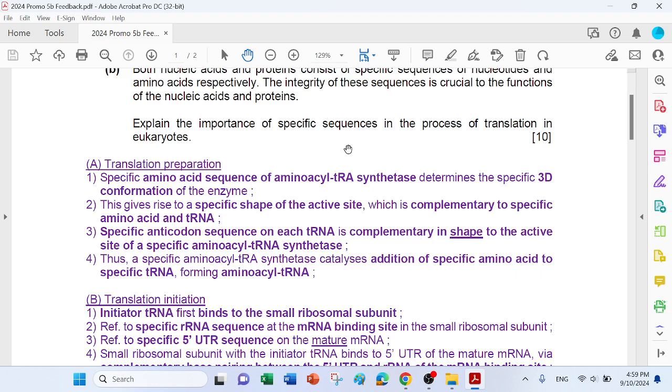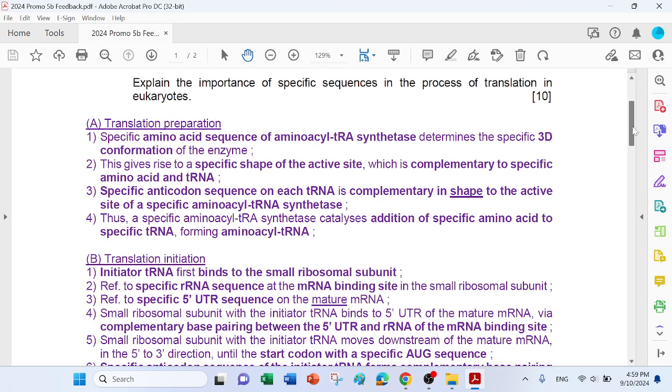So this is how you approach the question, right? And also read the answer in light of this. Read the answer for the specific sequences, okay, and how the explanation is written to explain how important these sequences are. Then you get a better understanding of the answer.